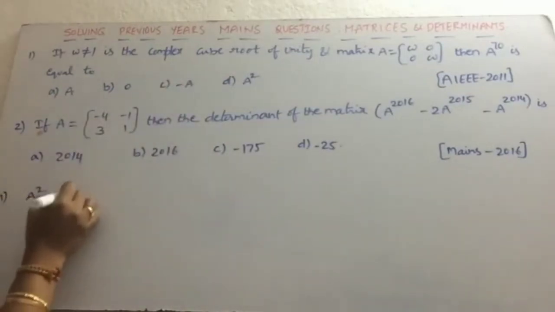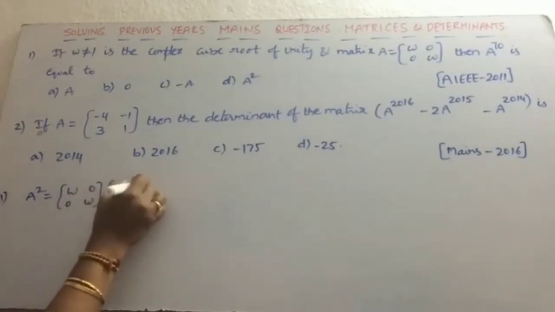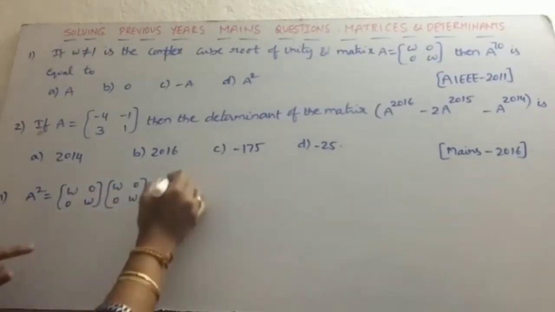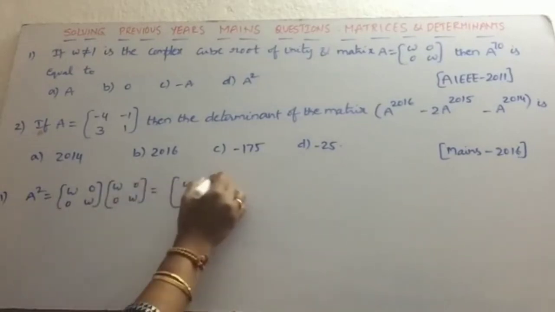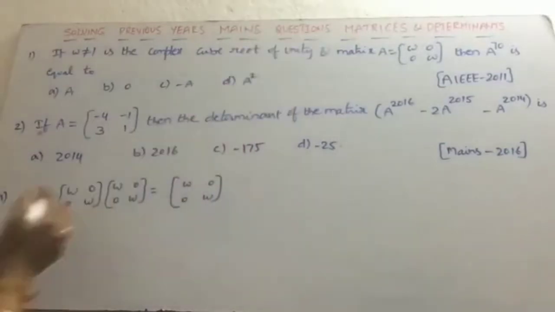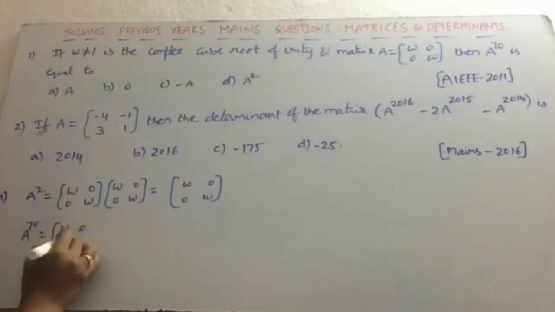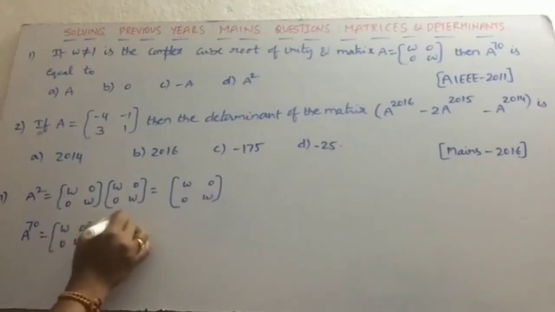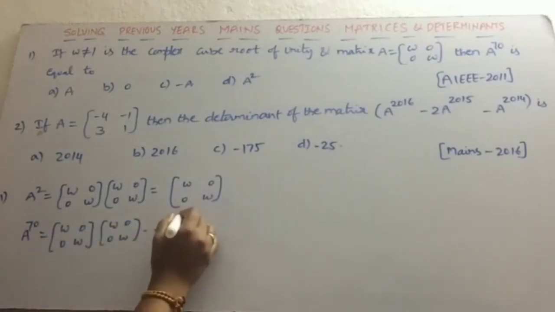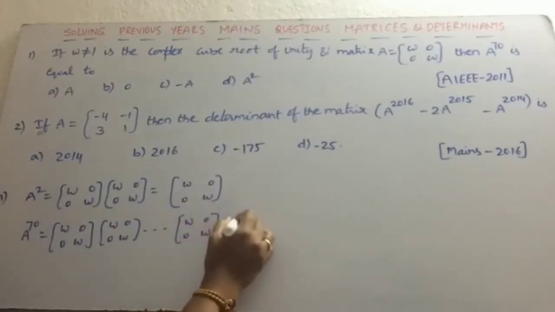A square equals omega 0 0 omega times omega 0 0 omega. We will get again omega 0 0 omega. But they asked A power 70, so we will write omega 0 0 omega, omega 0 0 omega, and so on, up to 70 times.